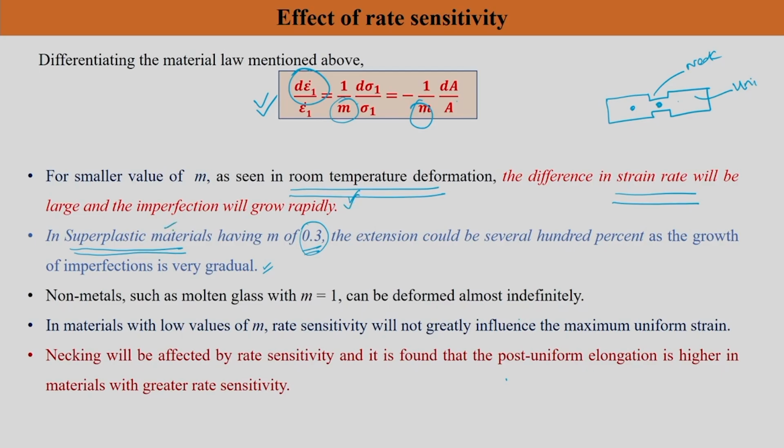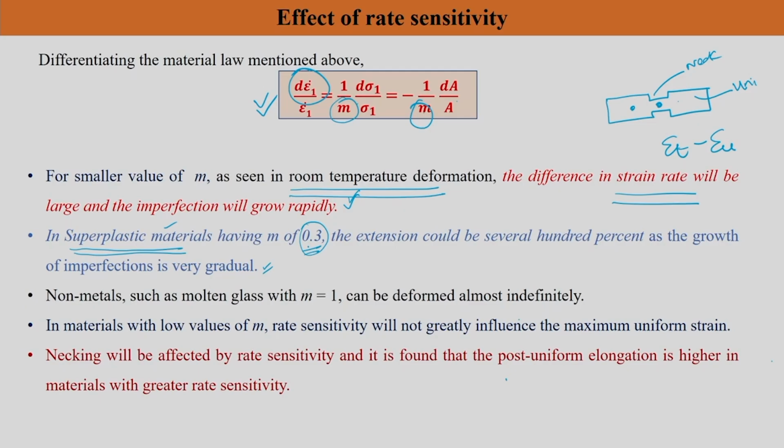So, that is why these superplastic materials generally have very high ductility of the order of, let us say, 100%, sometimes 300%. Why? Because it controls epsilon t minus epsilon u. So, epsilon t minus epsilon u is controlled by m. That is why we were saying that it is going to control the post-necking phenomenon, which is going to control the growth of neck, whether it is going to grow rapidly or slowly, gradually.